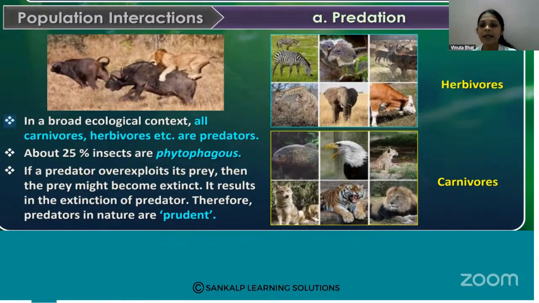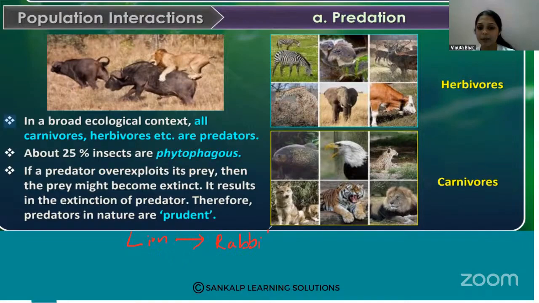What happens to the prey? It becomes extinct. So there is no prey present if the predators over-exploit the prey, so it results in the extinction of the predator. For example, let me take a simple example: lion is the predator and the prey is rabbit.